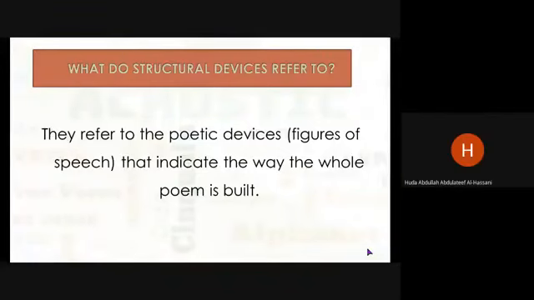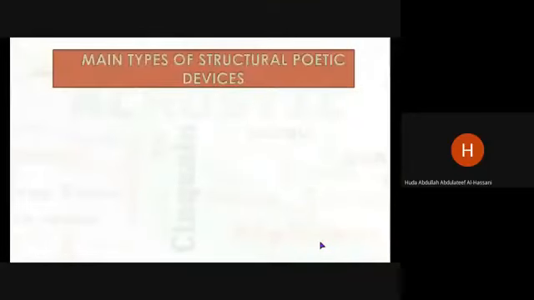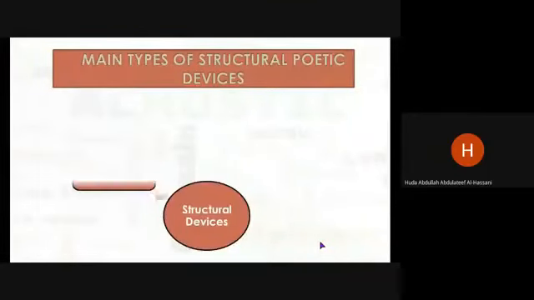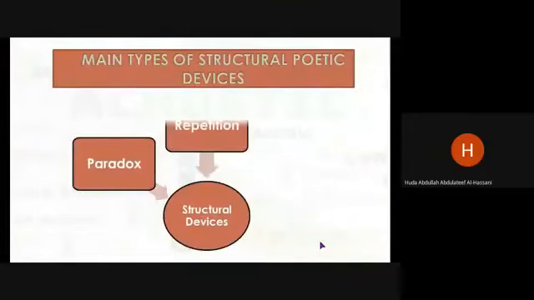We have many ways. For example, we have paradox, we have repetition, we have illustration. And now you will know what I mean by all these structural poetic devices with examples.